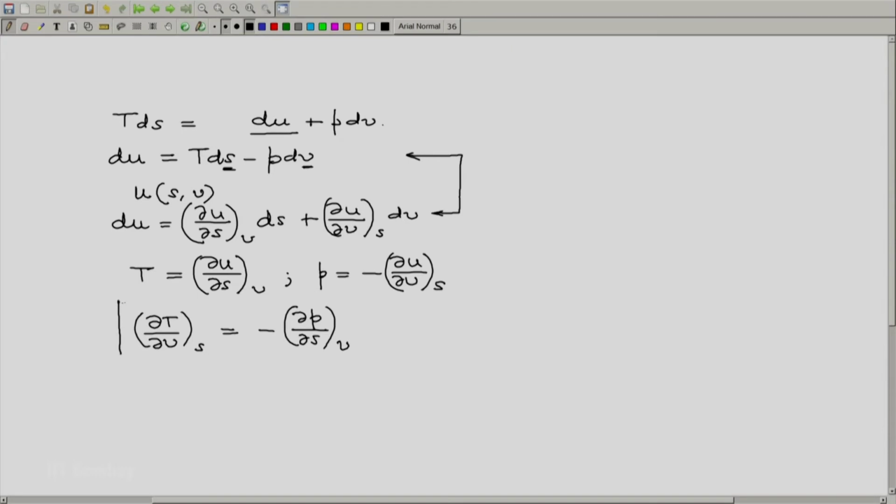Let us call this relation, which we will refer to again later, as equation M1.